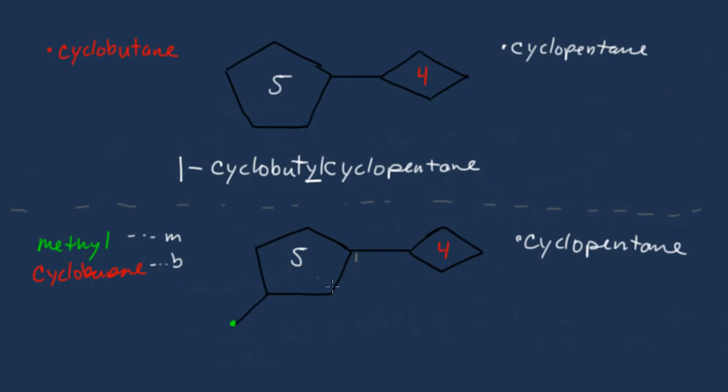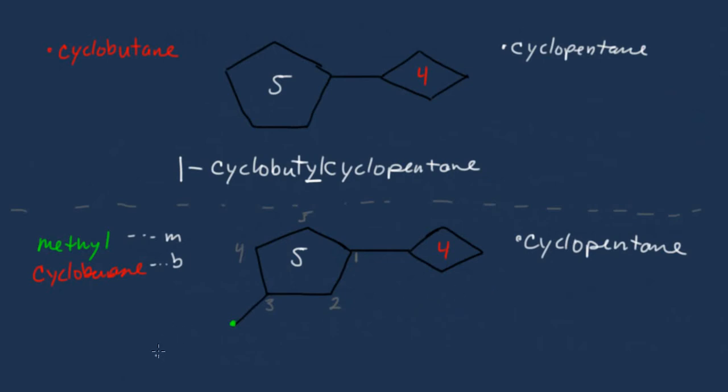And we have to go around the chain such that we give the next substituent the lowest number. And so if we go this way, this methyl group gets 3, as opposed to if we would have gone the other way, it would have gotten a 4. And so I guess I can just go ahead and finish the numbering, even though it doesn't matter. And then we are set to name this molecule.